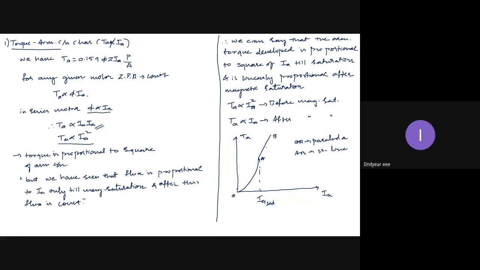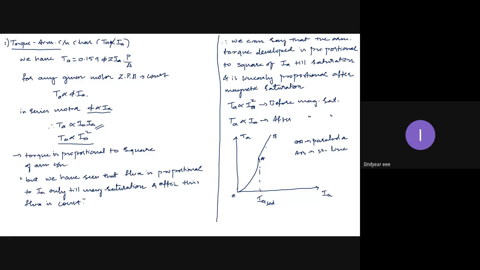But one thing we should consider here, practically we don't operate any motor beyond saturating point, right? Just now I have told what happens if saturation occurs. Practically, the energy conversion stops. I don't want to stop energy conversion in my motor because I am using the motor for energy conversion from electrical to mechanical. So I want mechanical work to be done. Therefore, I am using a motor. If I try to operate the motor in saturation region, my energy conversion will stop.